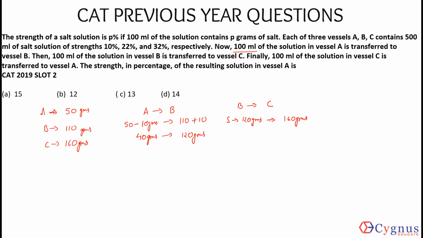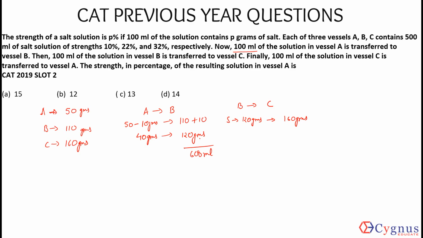Now I am going to transfer 100 ml from B to C. The salt present in B is 120 out of how much? Earlier it was 500 ml, 100 was added, so now it is 600 ml. It contains 120 grams of salt, so 120 out of 600.